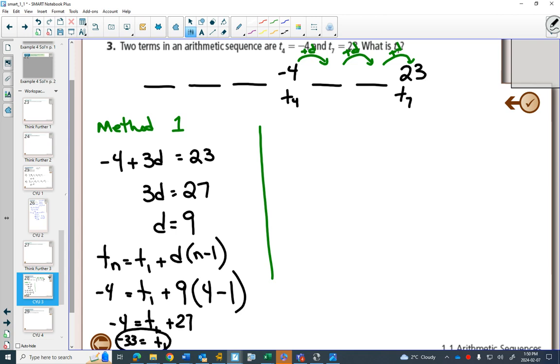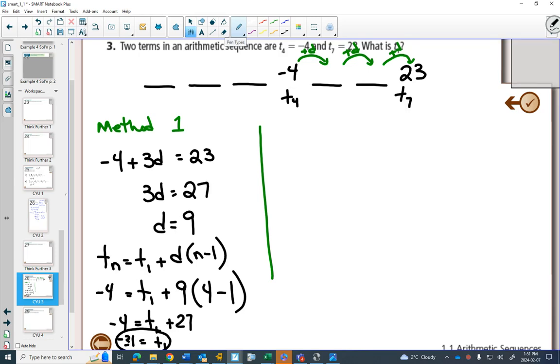And I could subtract 27 on both sides and get -33 for term 1. No, -31. See? -31 for term 1.